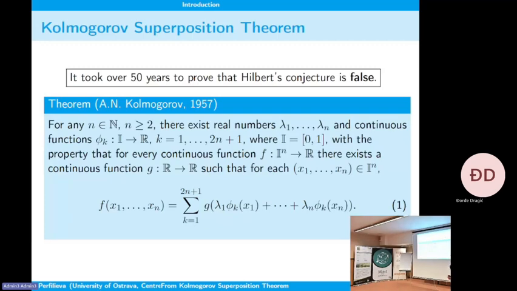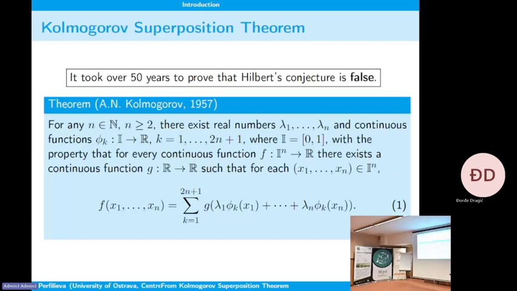And actually, for almost 50 years, mathematicians believed that this conjecture has a negative answer. So this means that there are such functions, and people looked at functions of three variables in order to show that they cannot be represented using only functions of one variable.